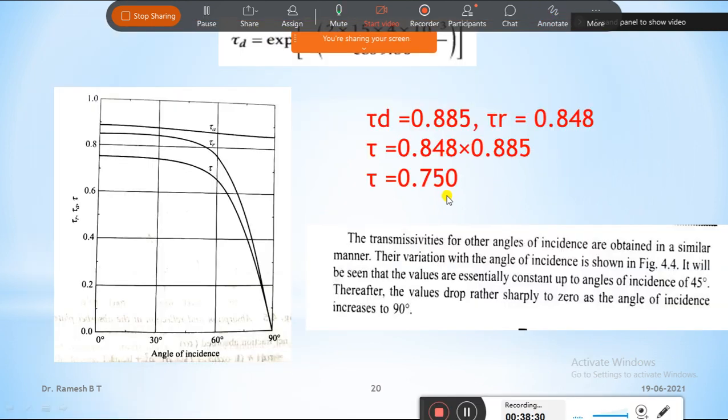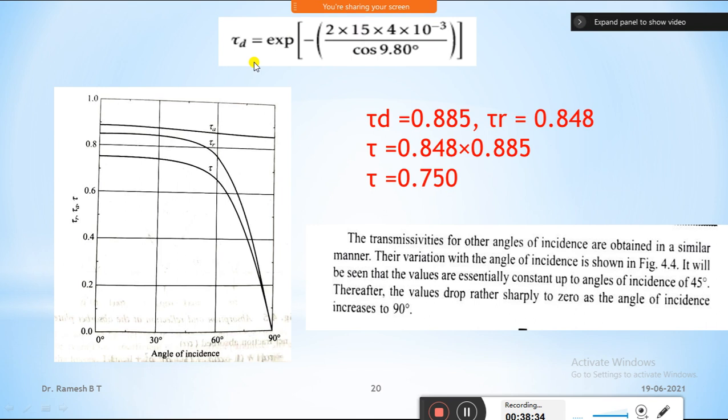And next is the tau d value. Tau d, that is tau a, absorption, is equal to e exponential of minus k into tau c divided by cos theta 2. What I just explained, that equation you have to use. Clear?